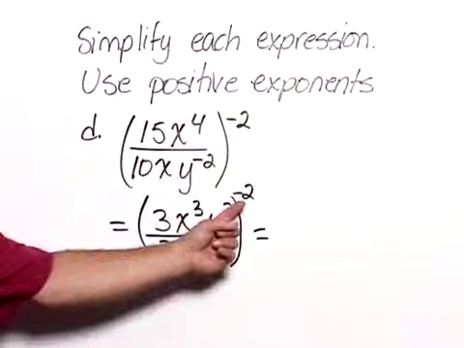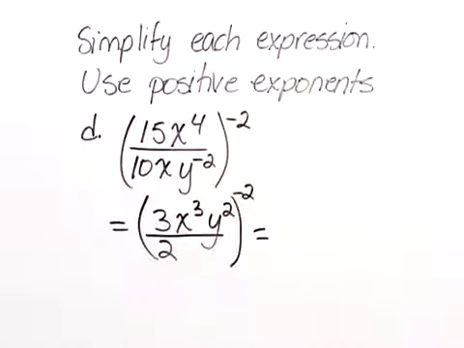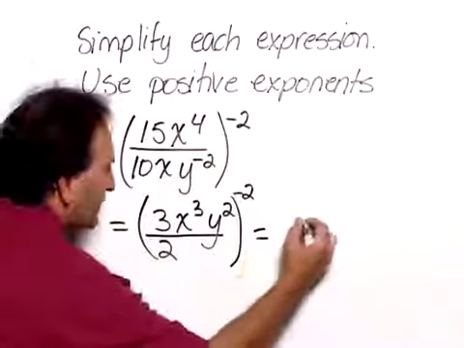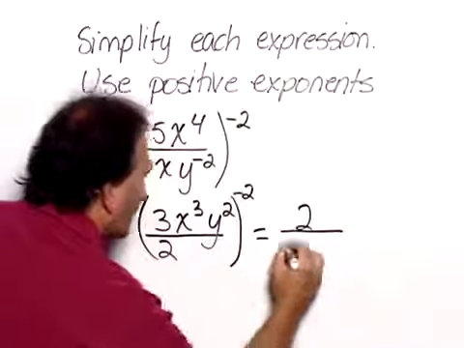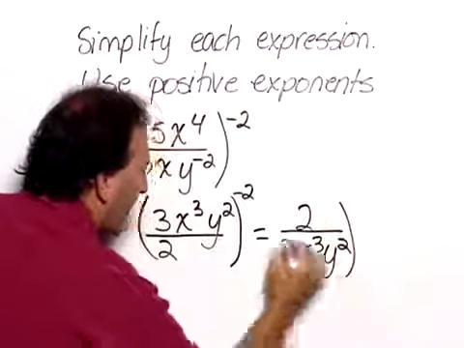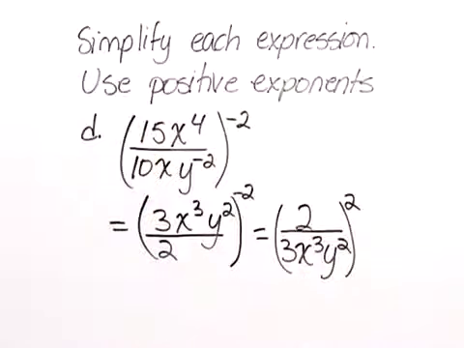Well, remember, when we are raising a fraction to the negative 2 power, we can take the reciprocal of the fraction. So this would be 2 over 3x cubed y squared, and we raise that to the positive power, in this case, to the power of 2.